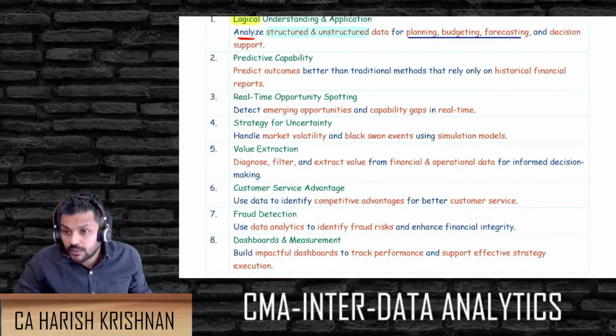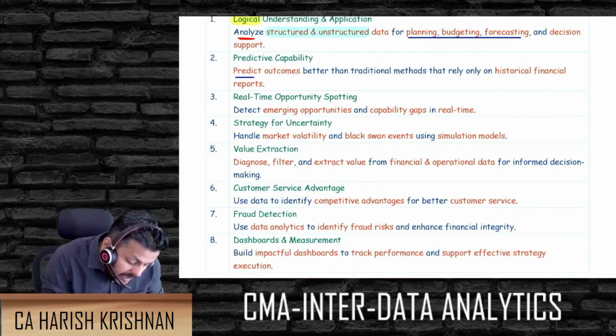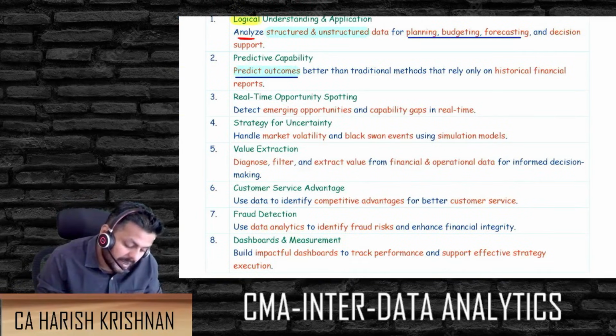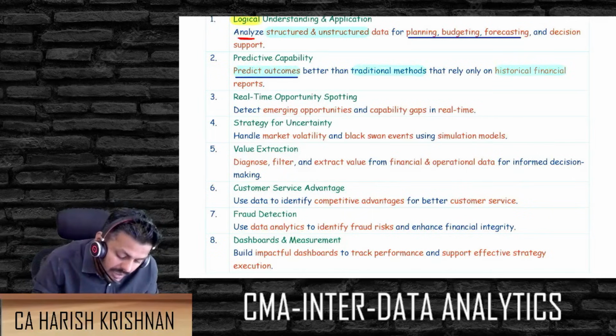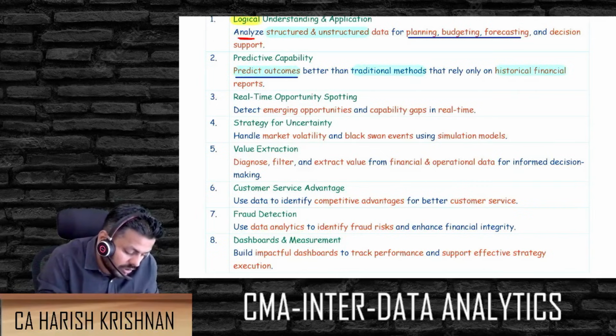What is predictive capability? Predict the outcomes better than traditional methods that rely only on historical financial information or reports.